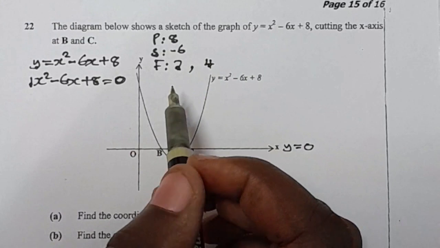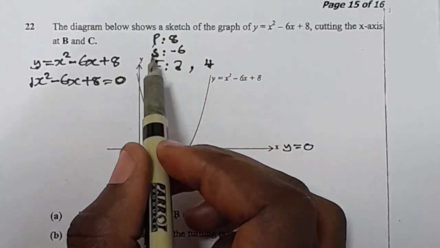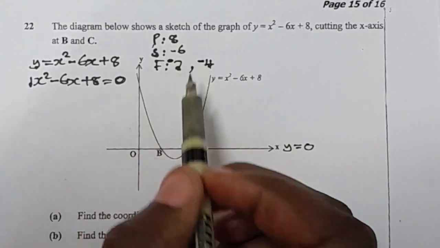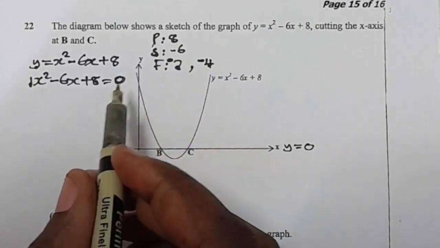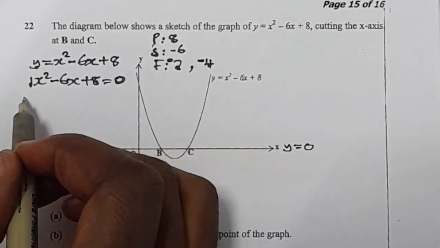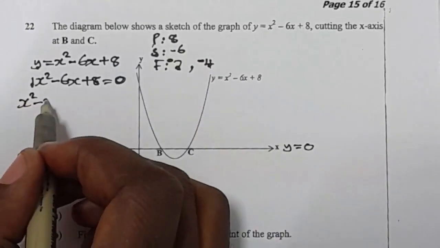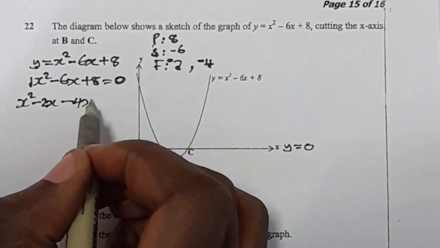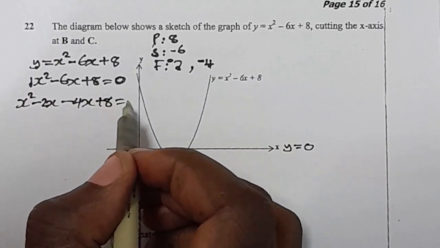So what you have to know now is that whenever you have a negative sum like this, it means both factors are going to be negative. Okay, so we are going to use those factors to solve the equation. So we have x squared, then minus 2x, then minus 4x, and then plus 8 is equal to 0.